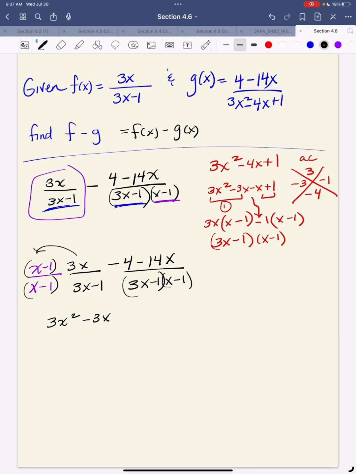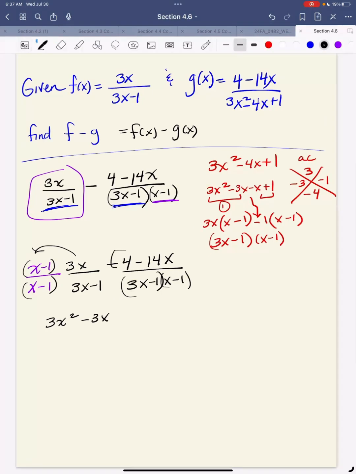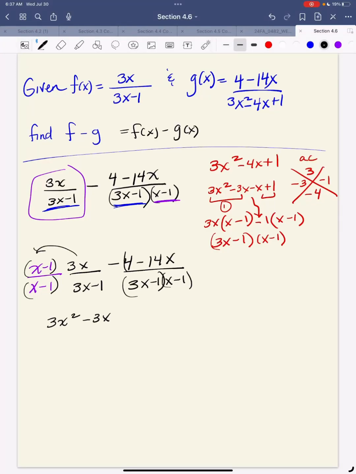And notice now, when I subtract through here, I'm subtracting all of 4 minus 14x. So that's going to be minus 4 plus 14x. And because these have a shared denominator, I can go ahead and just write it as the single denominator, 3x minus 1, x minus 1.